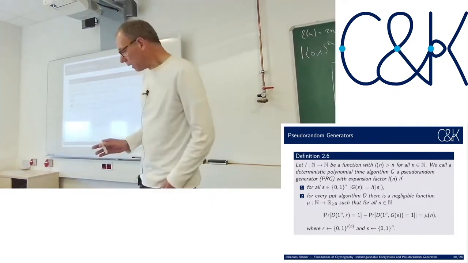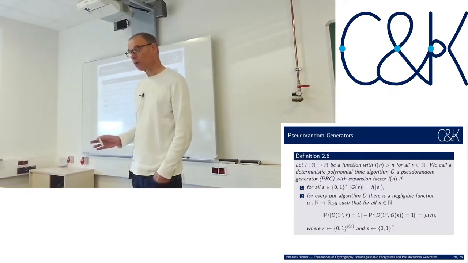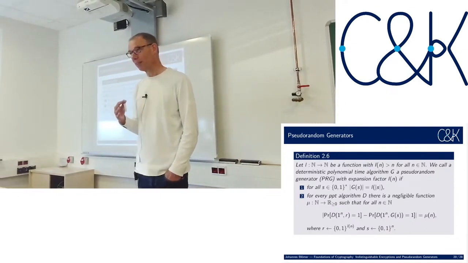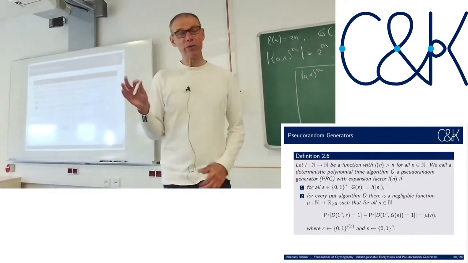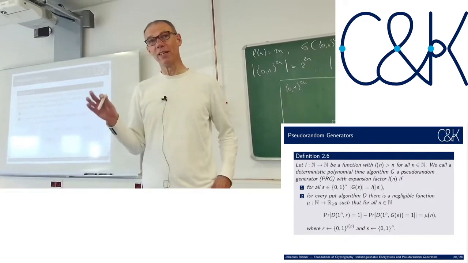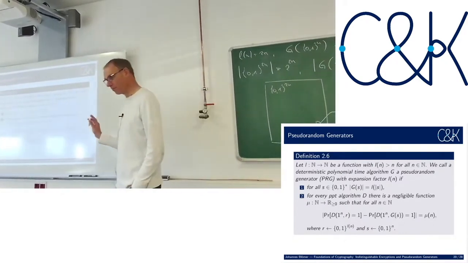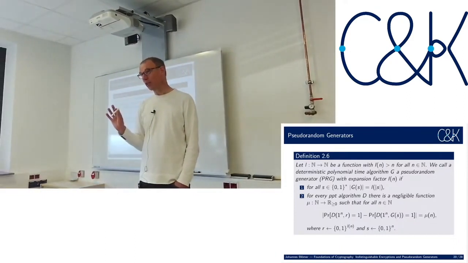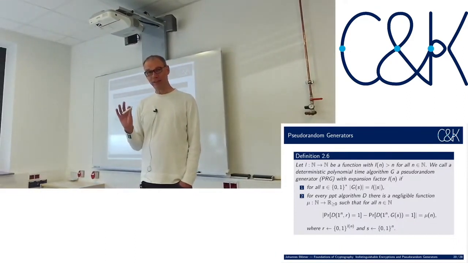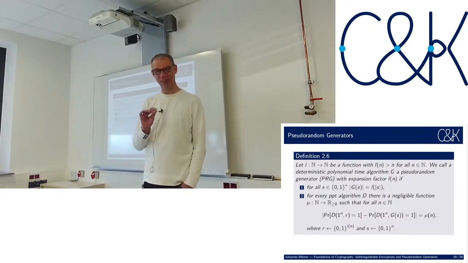At this point, I will not tell you how to construct pseudorandom generators. Let's just assume they do exist. Later on I will briefly argue that these things exist if so-called one-way functions exist. But to get used to this definition, I will give you an example of what is not a pseudorandom generator.